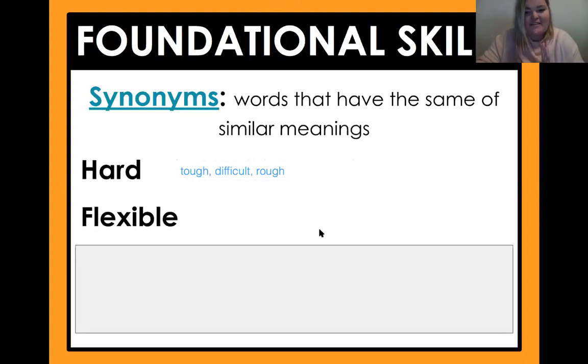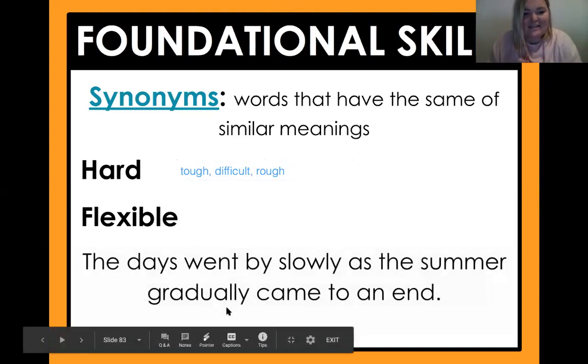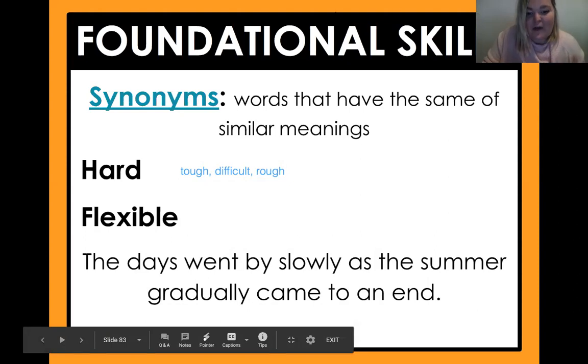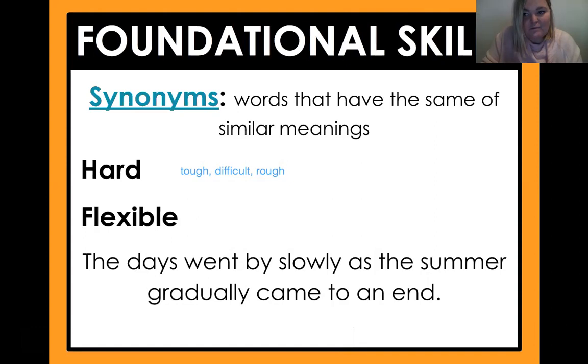Now, one of the things we're going to be practicing is looking in a sentence, and the cool thing that authors do is they give you synonyms for words in the sentence, and that'll help us figure out what the words mean. In this sentence, there's actually 2 words that have the same meaning. The sentence says, the days went by slowly as the summer gradually came to an end.